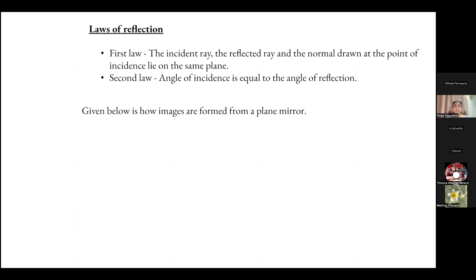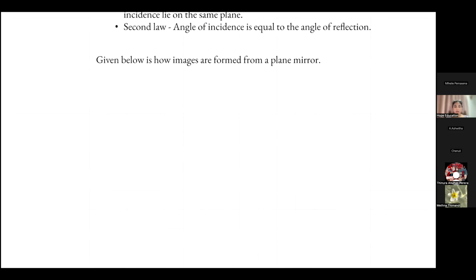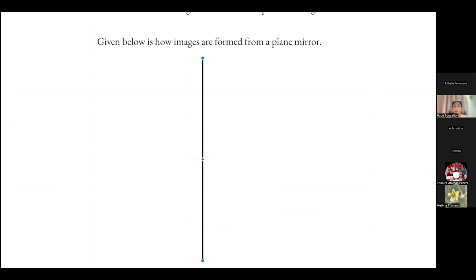Okay, so I'm going to first draw a plane mirror. This is a plane mirror. And as I said previously, in a plane mirror, you have to shade one side to show that it is the back of the mirror. So this side is the back of the mirror. Now let's say I have an object.